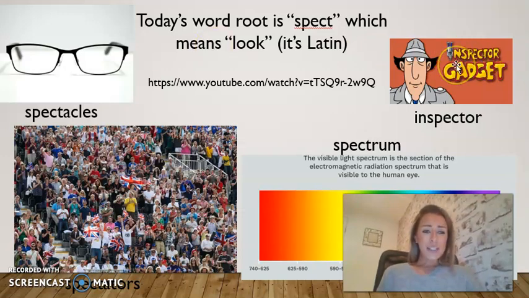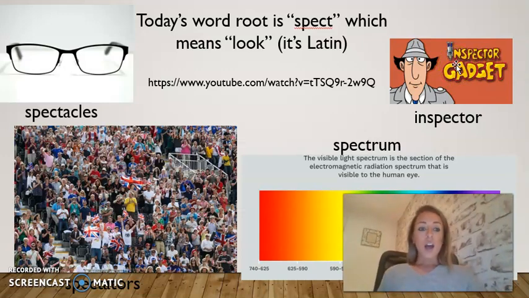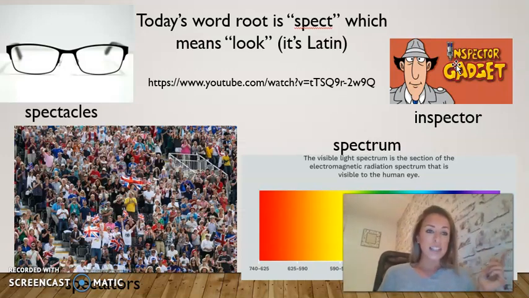So when I was a little girl, a long time ago, this was one of my favourite cartoons, and it was Inspector Gadget. And Inspector Gadget used to go and fight crime, and he had all the coolest gadgets hidden inside his coat, and he was an inspector.